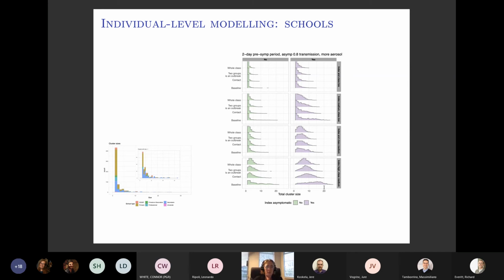To find out what's happening, we wait until somebody shows symptoms, then they get tested, and the test has a turnaround time, and then we go and find their close contacts, only the 4 kids we think little Johnny has played with that day or that week. If you do that and you're unlucky enough to have an infectious but asymptomatic index case, you can quite easily infect half the class or the whole class.